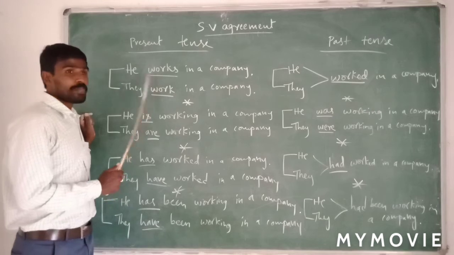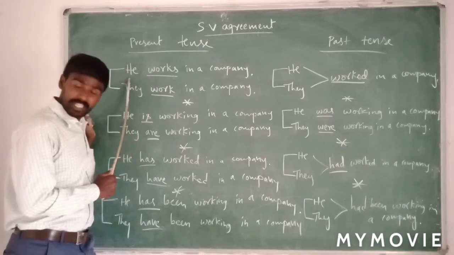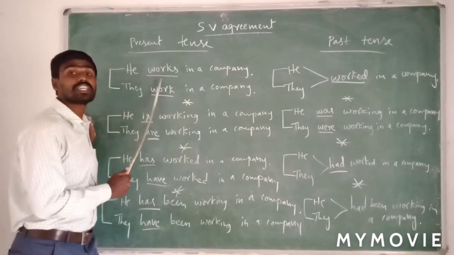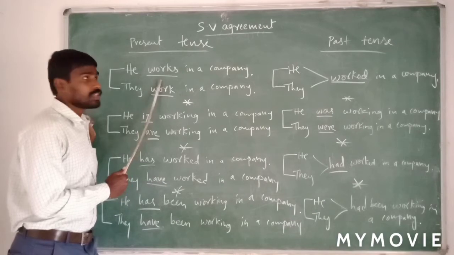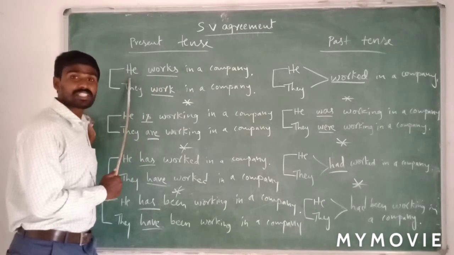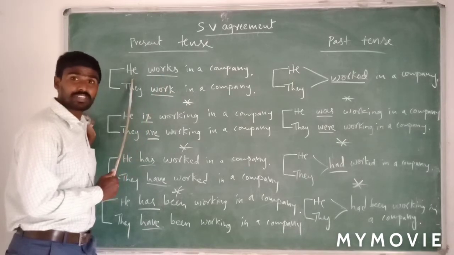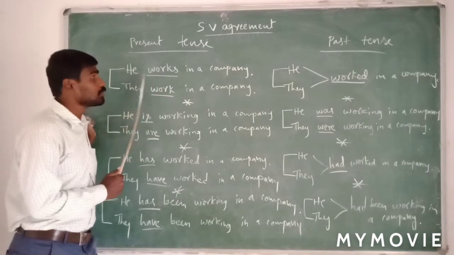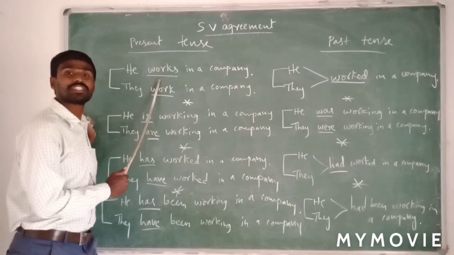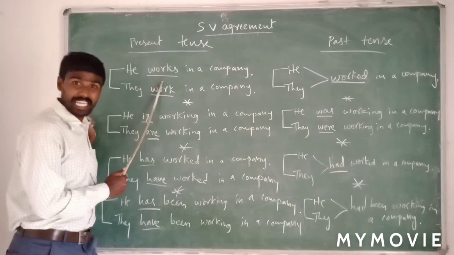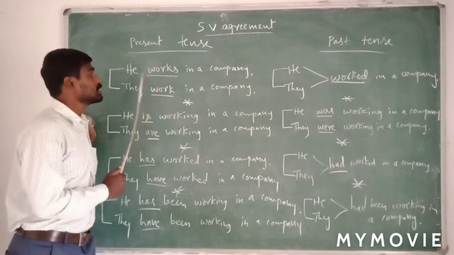So since it is a singular subject, it takes a singular verb. If the sentence is in present tense and the subject is singular, the verb should also be in singular form, right?